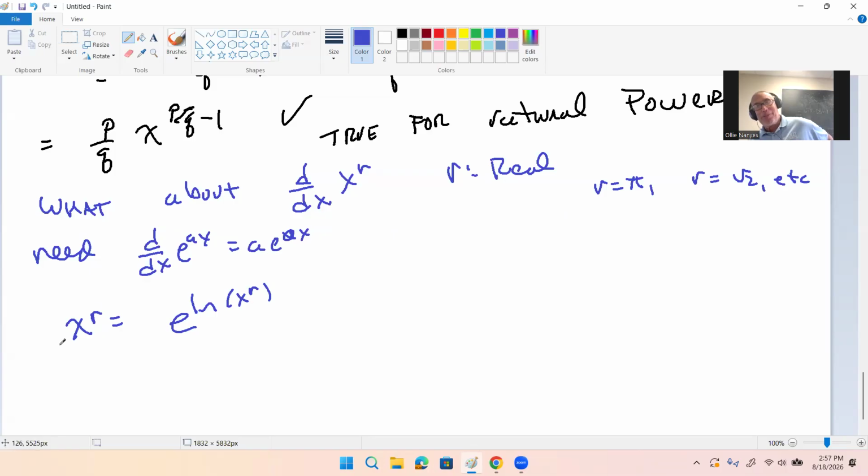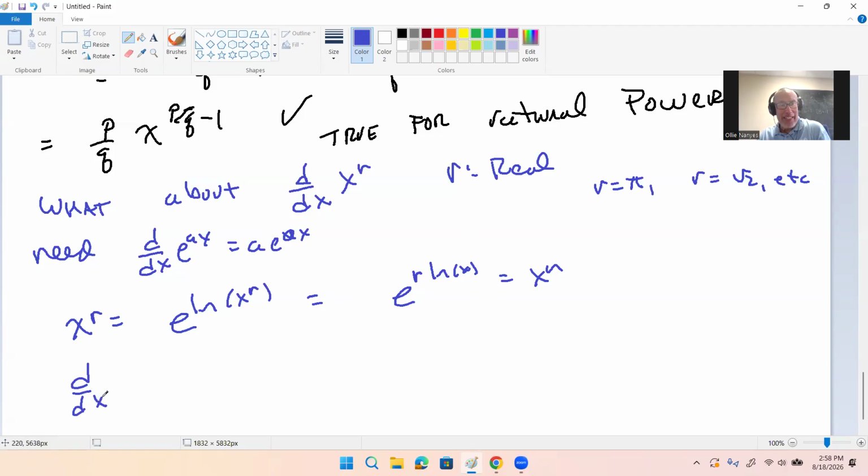And if you think about it, if you're going to raise something to an irrational power, you can get into trouble unless you want to use complex variables for negatives here. So let's just rewrite this as e to the r log x. And that's going to be x to the r.